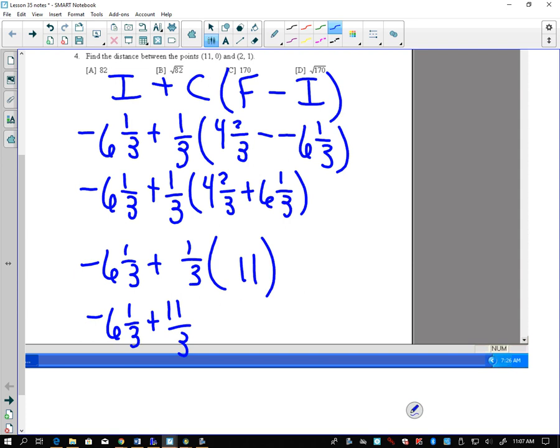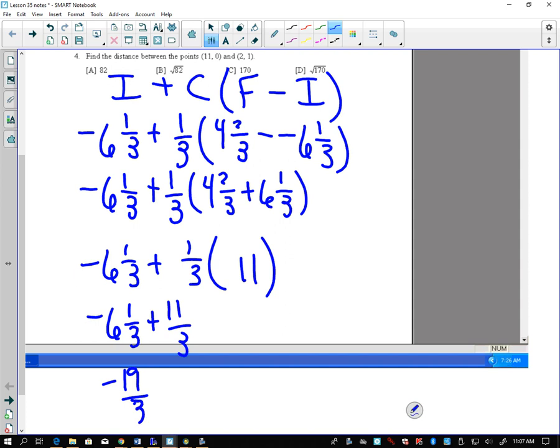So 3 times negative 6, which is negative 18, minus 1. I'm increasing in the negative side. So negative 18 minus 1 is negative 19.